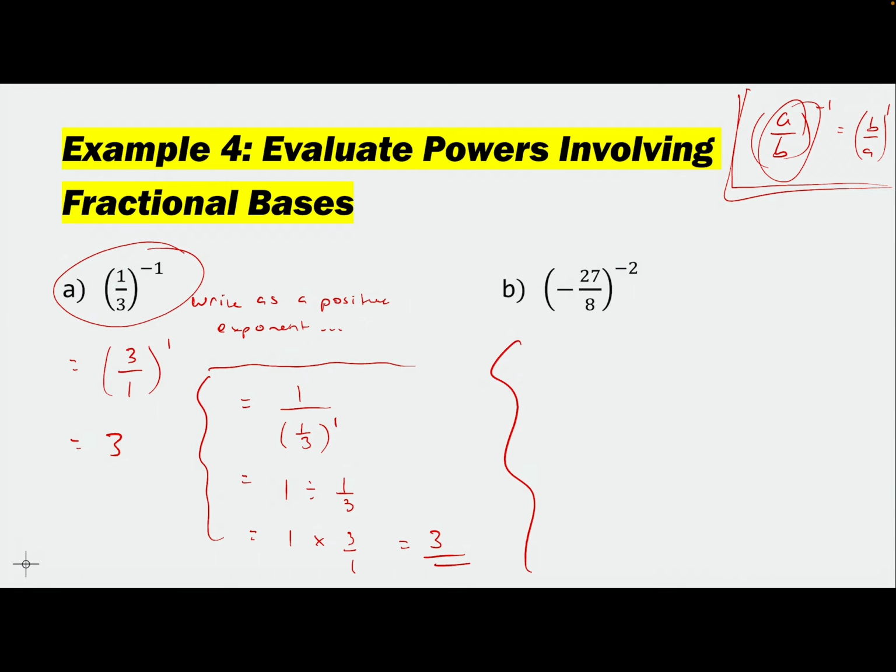So, okay, now this example here. What I would do with this one is I would just flip it. Okay, so do the reciprocal. You can write it as negative 8 over 27, and then to the positive exponent 2.